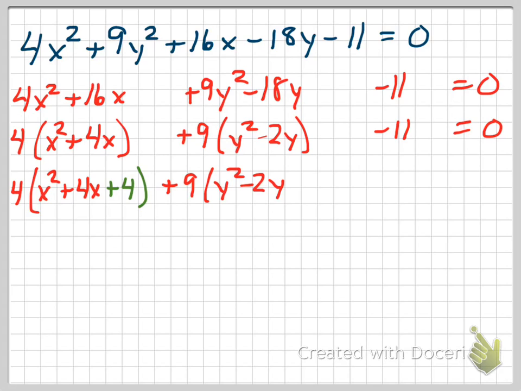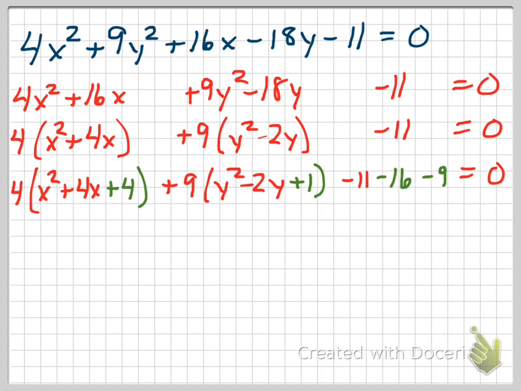I didn't write it down, but I'll write it down here at the end. For the y's, we're going to add half of the b term squared. Half of 2 is 1. Squared is 1. But it's not really a 1. It's a 9. So out here with the 11, we're going to subtract our 16, and we're going to subtract our 9.